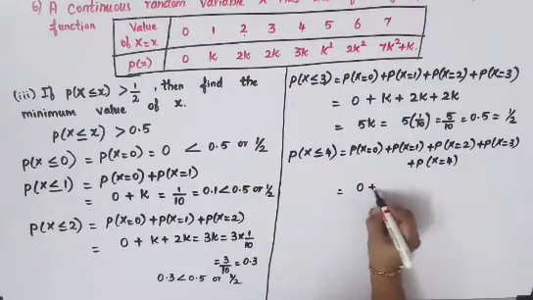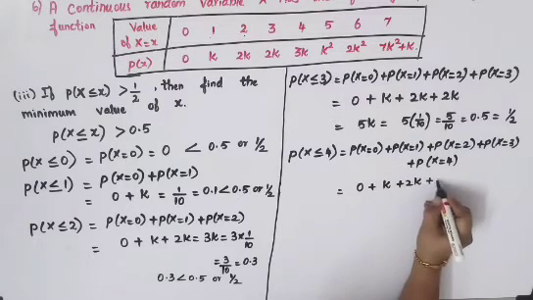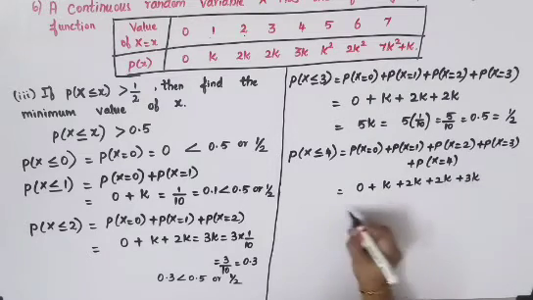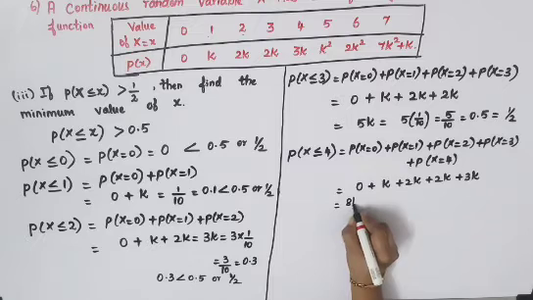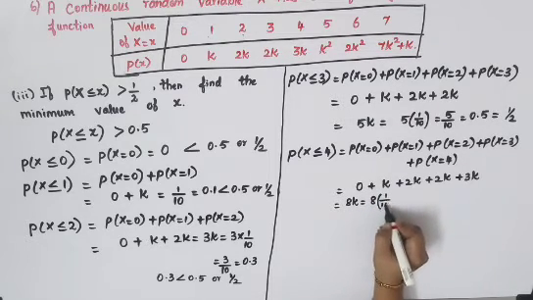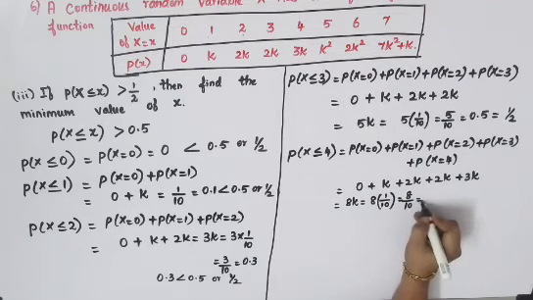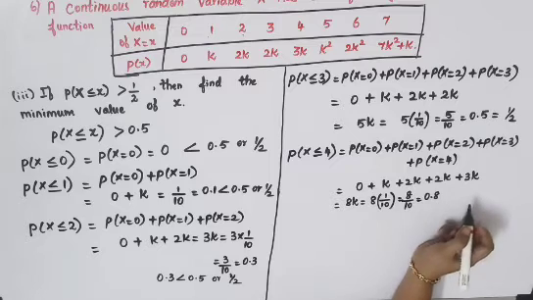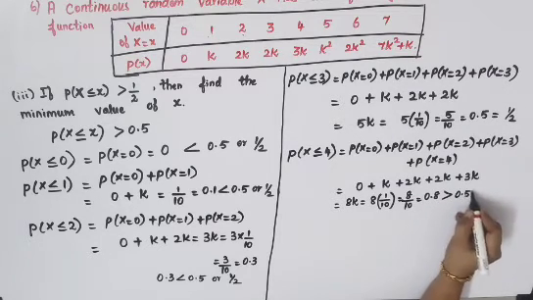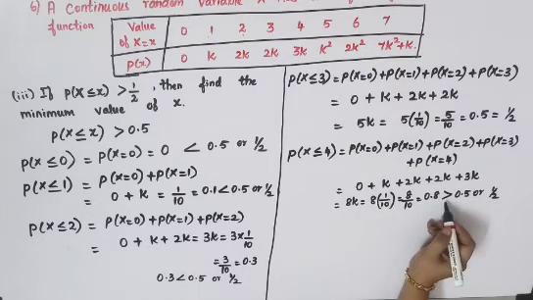So 0 plus k plus 2k, again 2k plus 3k. Now adding, that is equal to 8k, which is equal to 8 into 1 by 10, which is 8 by 10. If you make it a decimal, 0.8 will be there. Now this is greater than 0.5 or 1 by 2. So till you get your greater value, you have to proceed.